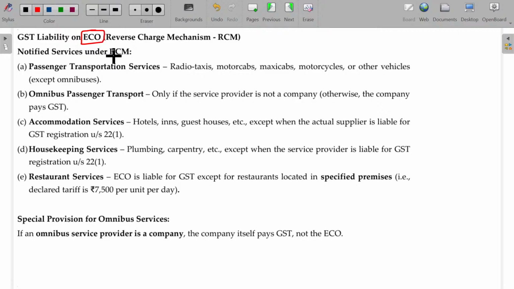Notified services, all these services fall under RCM. Passenger transportation services, starting with omnibus passenger transport, only if the service provider is not a company; otherwise the company pays the GST. If the service provider is a company supplying to the recipient, forward charge is applicable.